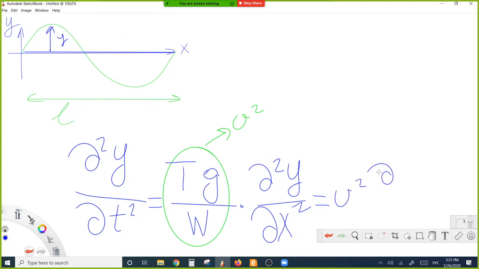So v squared d squared y over dx squared.